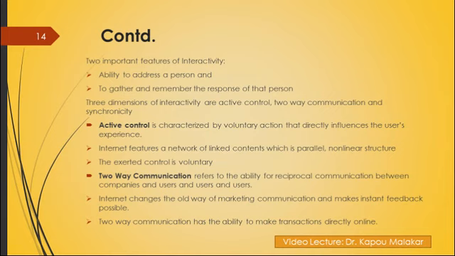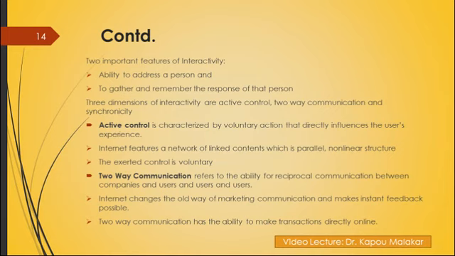The internet features a network of linked content. Users are able to customize the information flow and jump from one location in the network to another. In contrast, the linearity of a medium such as television makes it possible for a person to watch television without taking any action except to switch channels once in a while.